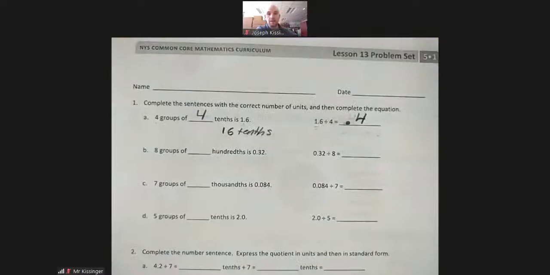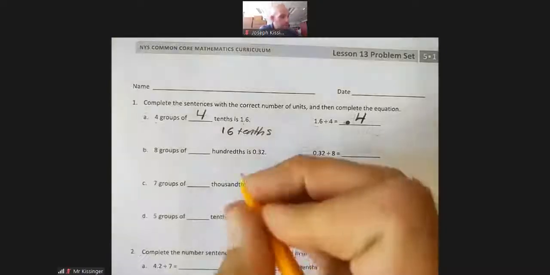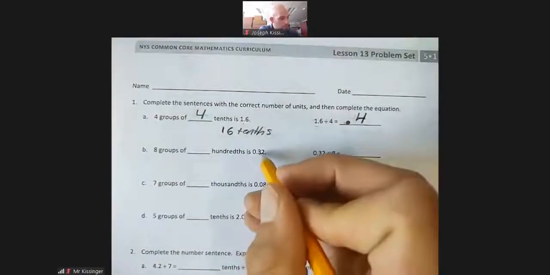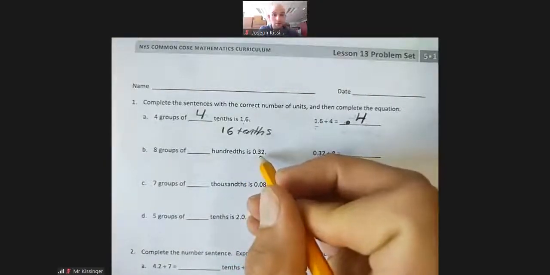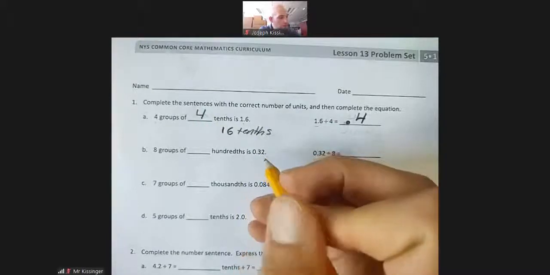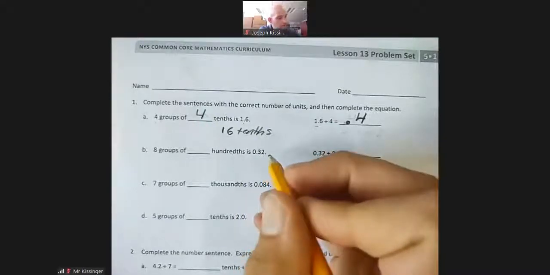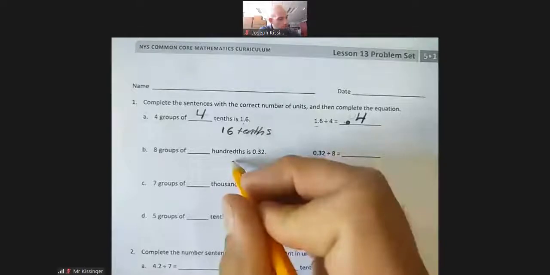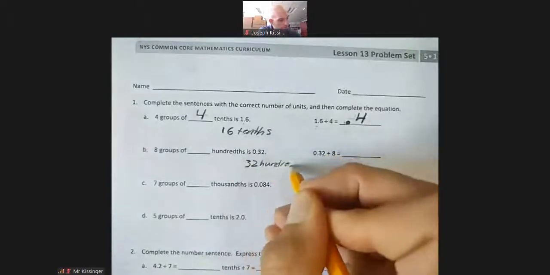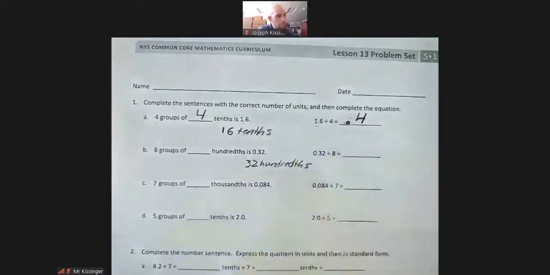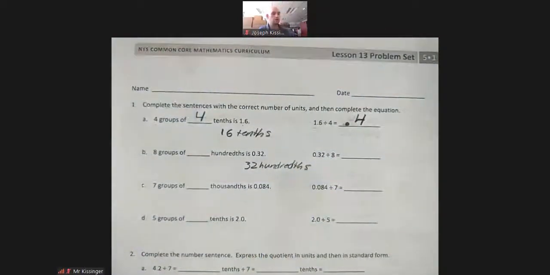Letter B, it says 8 groups of blank hundredths is 0.32. Again, let's change our units. So instead of looking at this as 0.32, we're going to look at it as 32 hundredths. So 8 groups of how many hundredths will give us 32 hundredths?